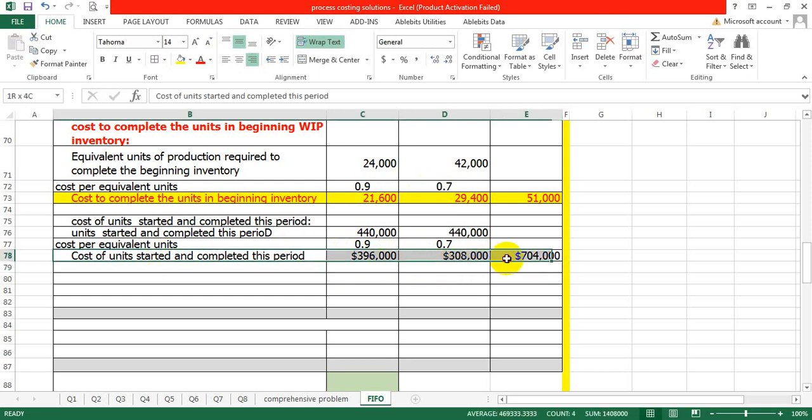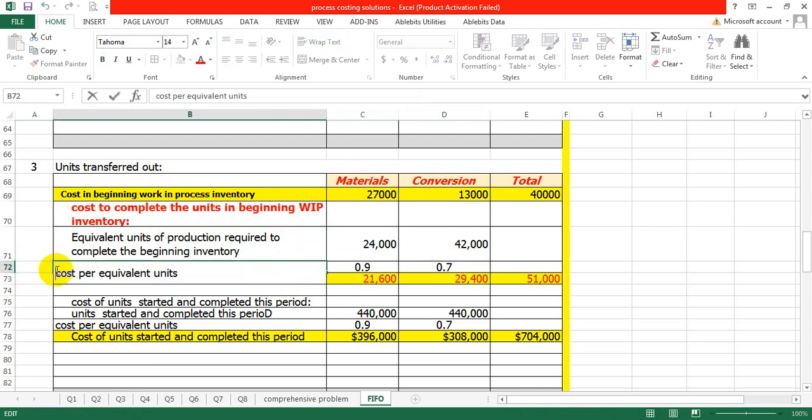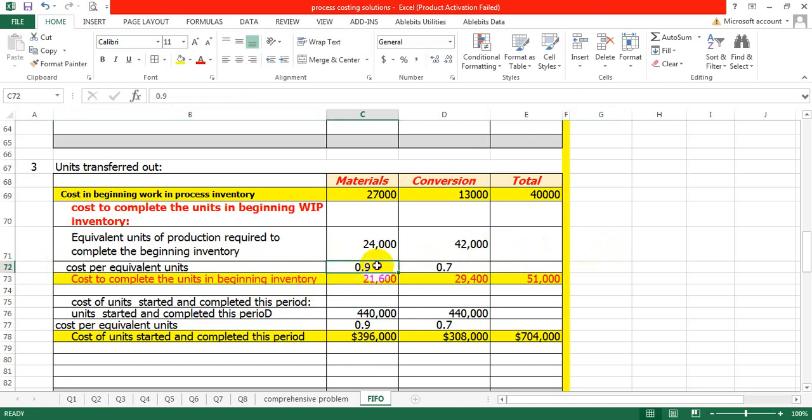So we have calculated basically the costs. First, the beginning cost, mentioned in the question. Second, the cost to complete the units in beginning work in process inventory: we took the equivalent units of production required to complete the beginning inventory and multiplied with the cost per equivalent unit.